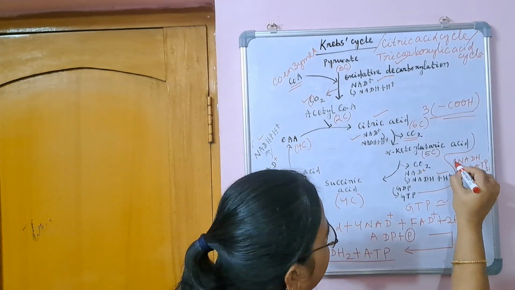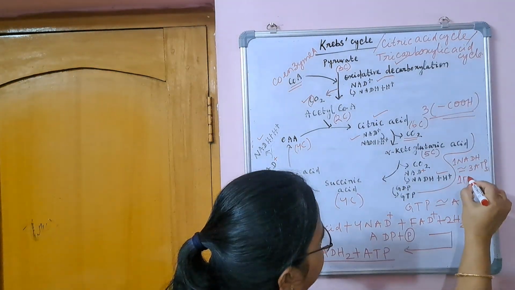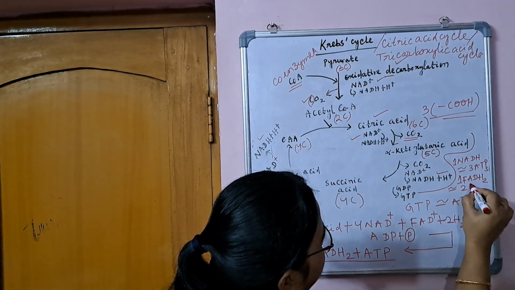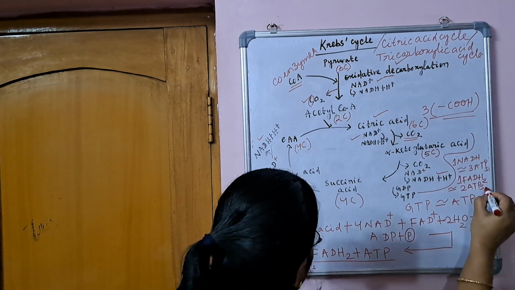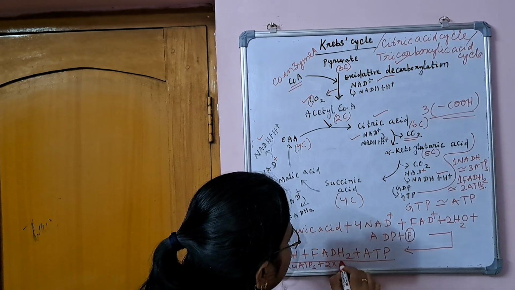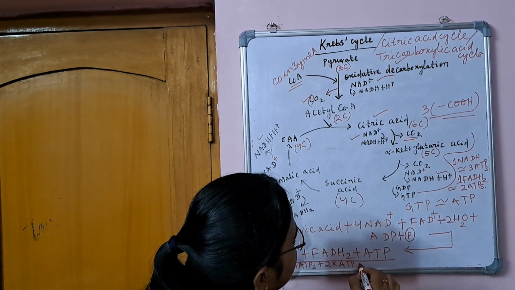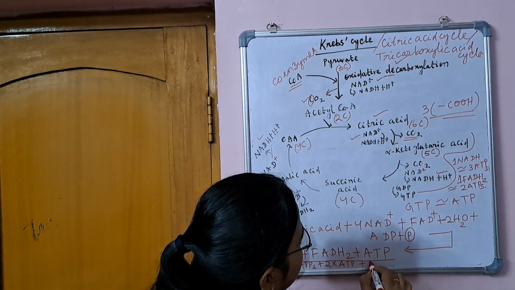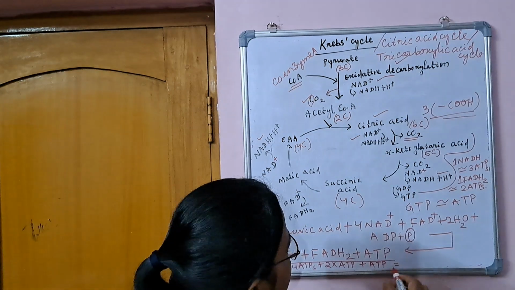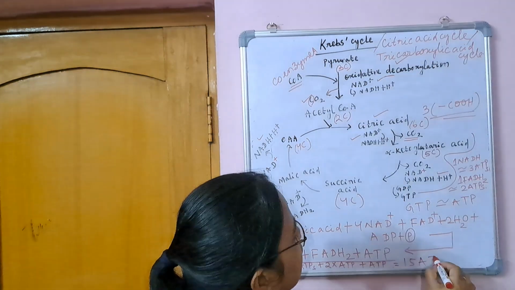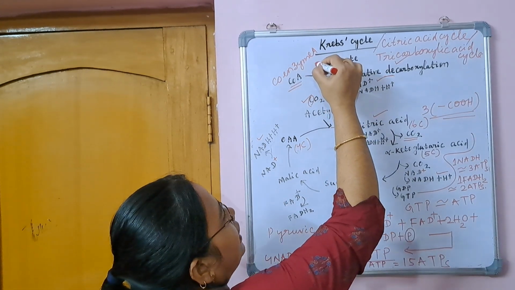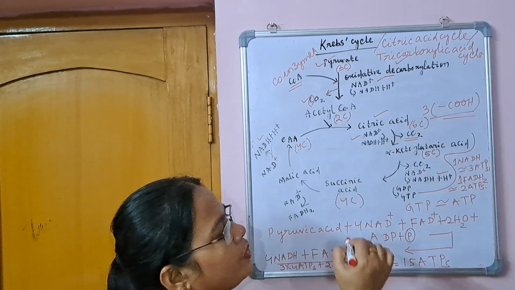Now 1 FADH2 is equivalent to 2 ATPs. Now here plus 2 ATPs plus another ATP, that is the GTP equivalent. So here like this, 15 ATPs in total are produced by one pyruvic acid when it is undergoing the Krebs cycle.